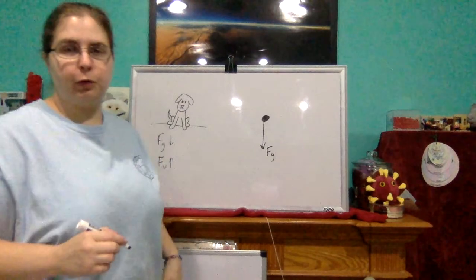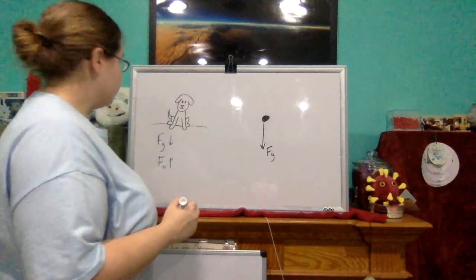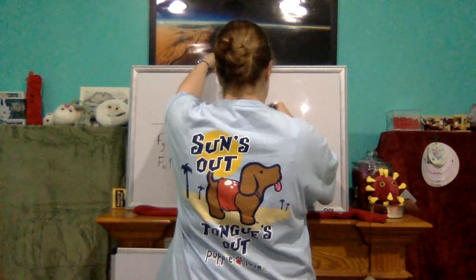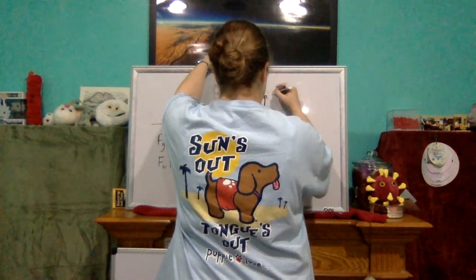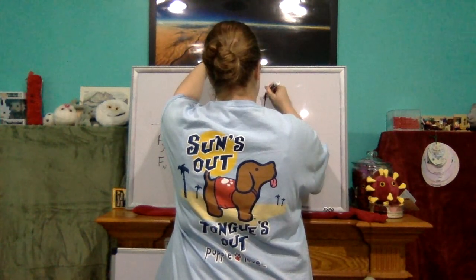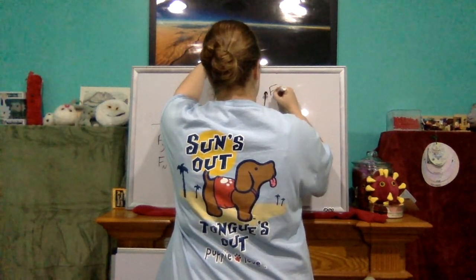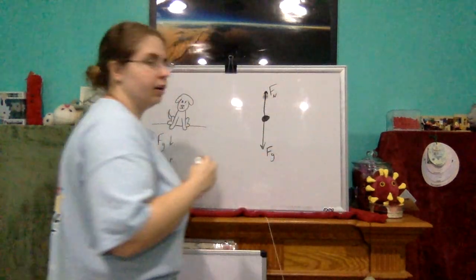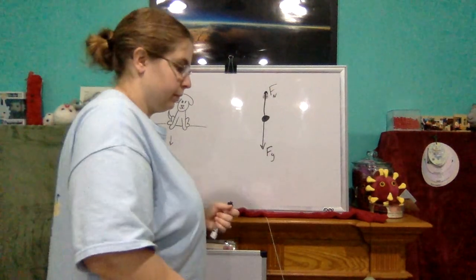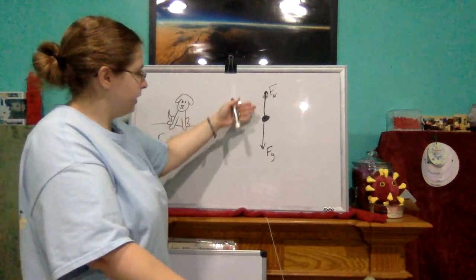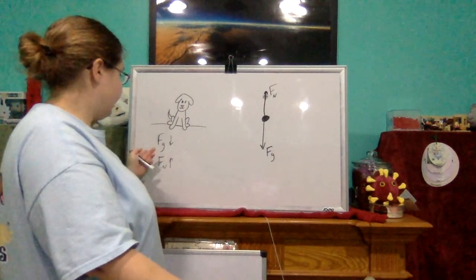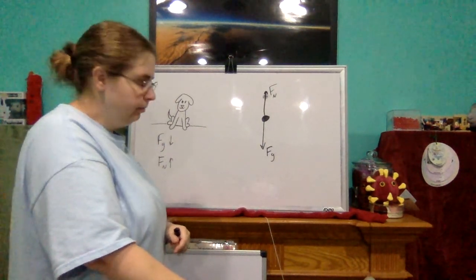And the normal force is moving upward, pushing the dog up. Now, notice that these two arrows are about the same size. That's to show that they are equal in magnitude.